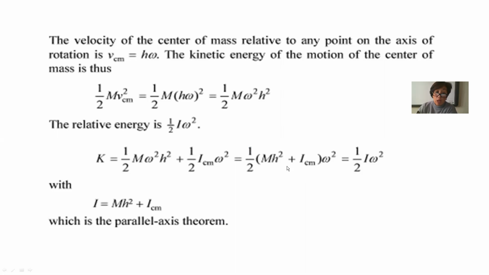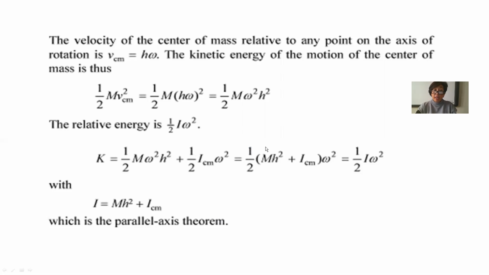The final formula in here is 1 divided by 2, in brackets, m h squared omega squared over 2 and m h squared plus the moment of inertia about the center of mass.